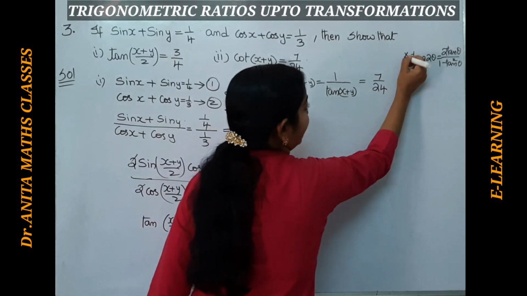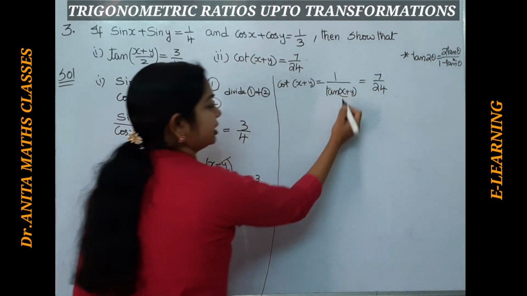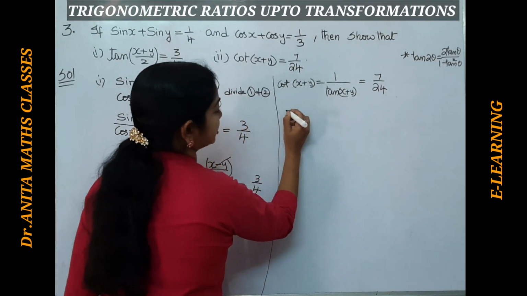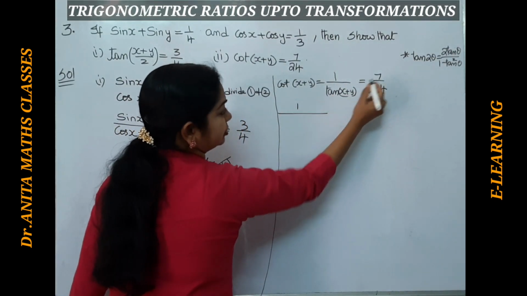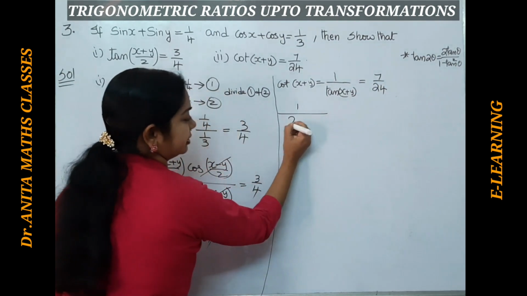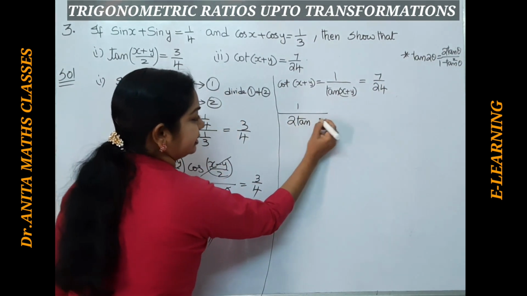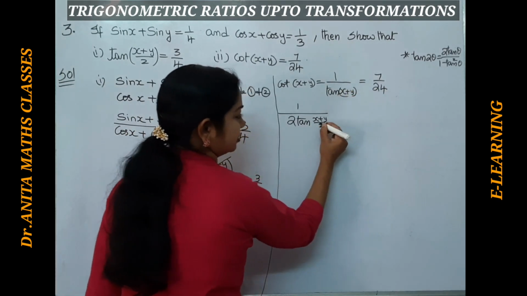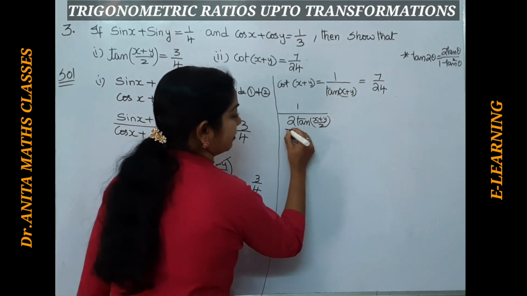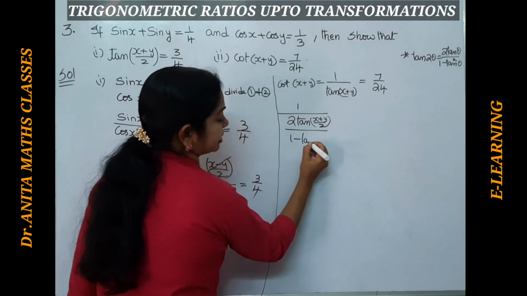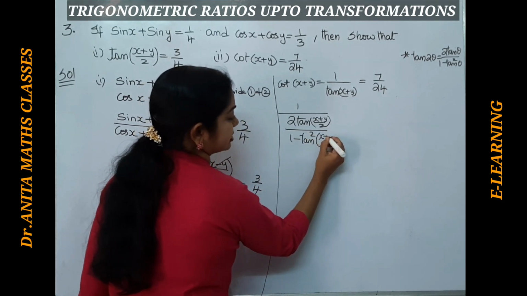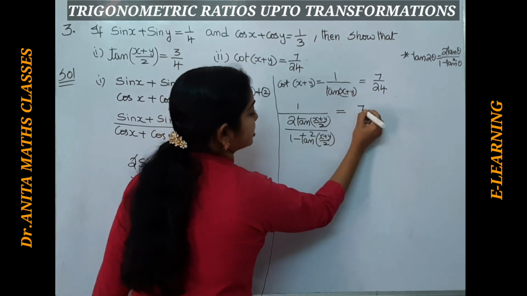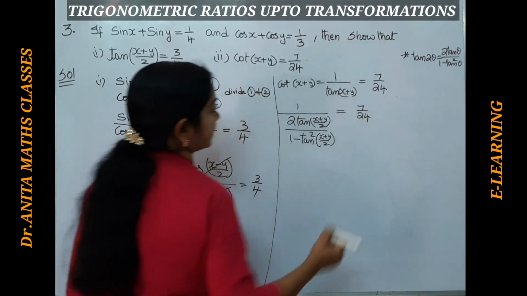Let us suppose 2 theta is x plus y. Then theta becomes x plus y by 2, because this is 2 theta. So we get 2 tan of x plus y by 2 divided by 1 minus tan square of x plus y by 2. So this is equal to 7 by 24. Right.